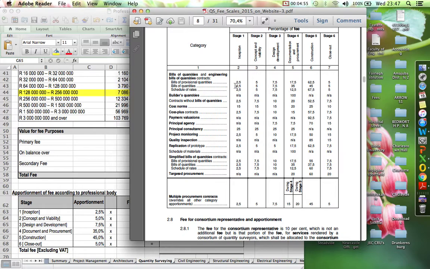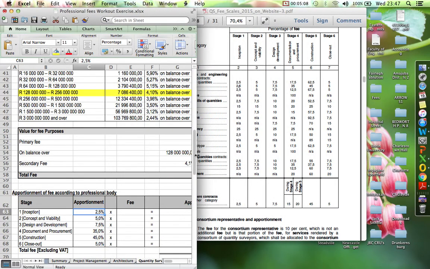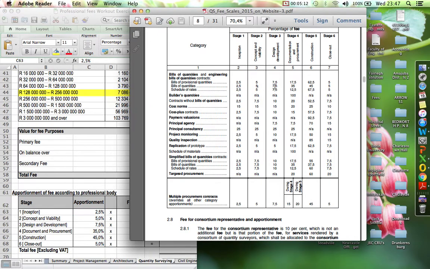Below quantities, there's a category. Inception, as you can see, we've got 2.5% there. So I've got 2.5% for concept and viability, and 7.5% for design and development, and 35% for documentation and procurement, because that's where he is now preparing to go out on tender.